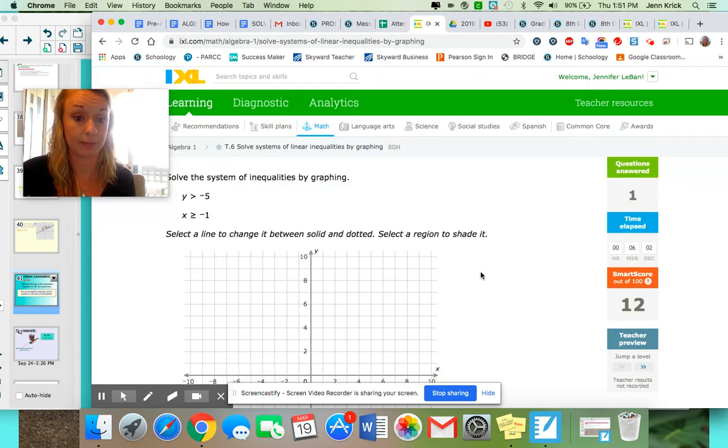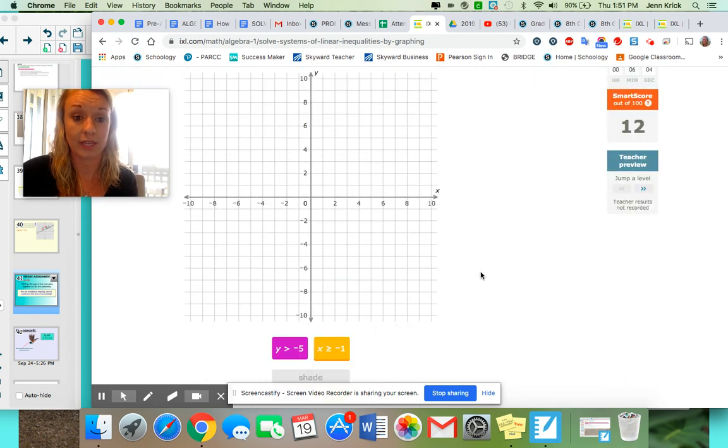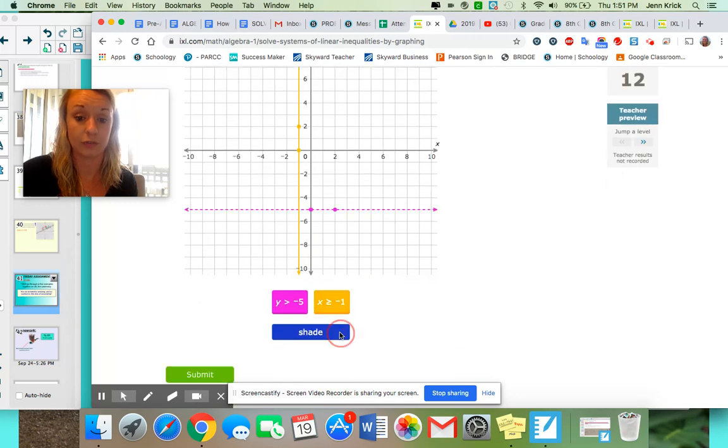Okay, let's try again. So it says y is greater than -5. So go where y is -5. And it shouldn't be solid, it should be dashed. And then let's do our second inequality. It says x is greater than or equal to -1. So find where x is -1. Let's do our line, and it should be solid. Okay, now to shade.